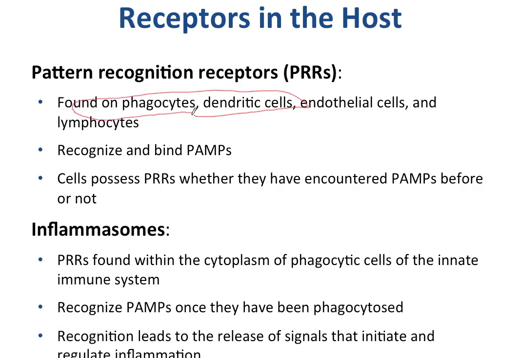They can recognize the PAMPs. Once they recognize the PAMPs, they will let the immune cells carry out phagocytosis.